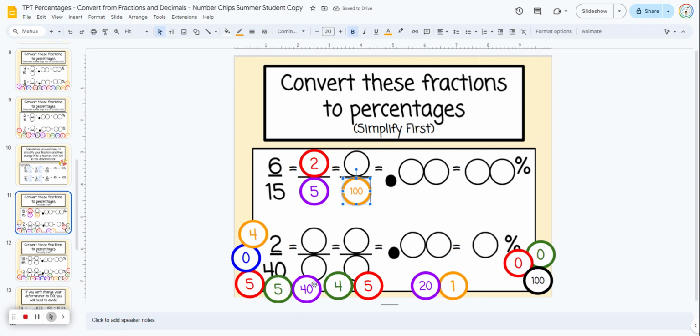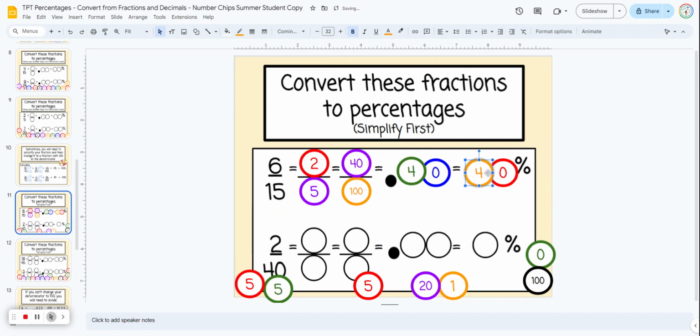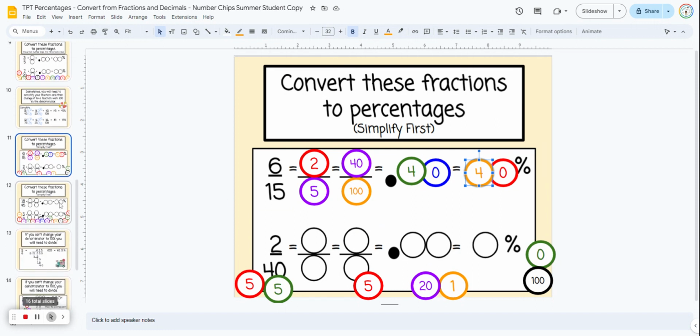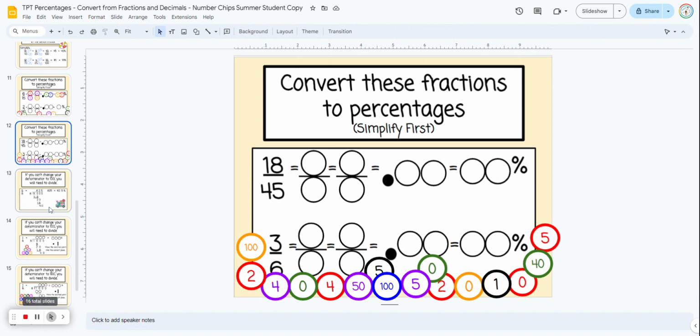So 2 times 20 would be 40. 40 hundredths as a decimal, and that would be also 40%. So again, simplify first, and then convert to an equivalent fraction with 100 in the denominator. Same thing on the next slide.